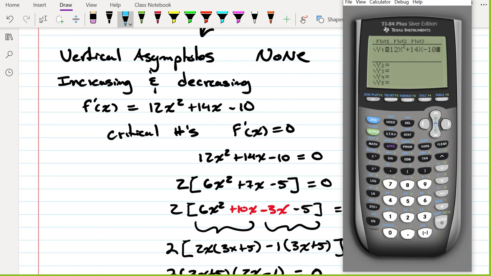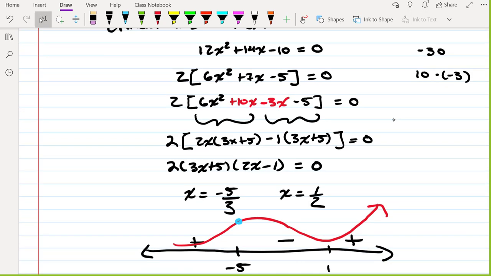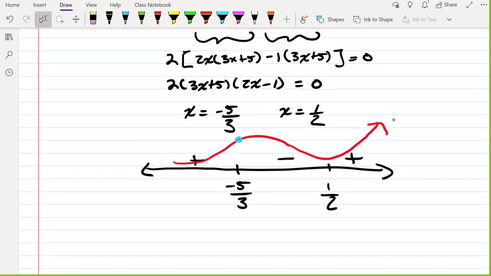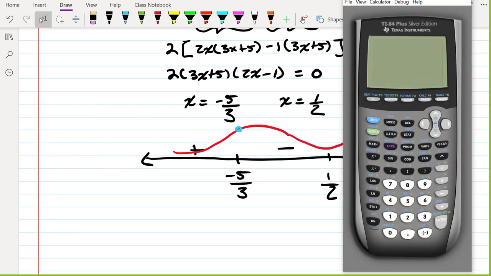So just to be explicit, if we really wanted to, we could just put these values into the derivative. It's just, since we only care about the sign, it was a little bit easier to do it in your head by just counting the signs in the factored version. But if we do it here on the calculator, what we were doing is we put in like negative 2, right? So we go alpha trace, we grab this, and we go negative 2. And we got positive 10, which told us it was positive in this region.